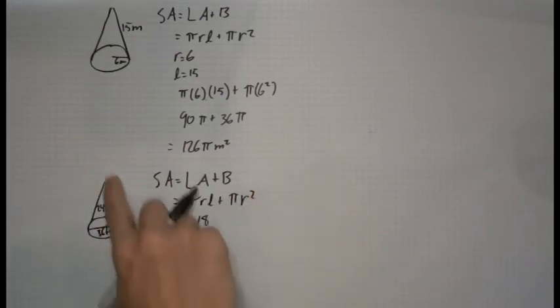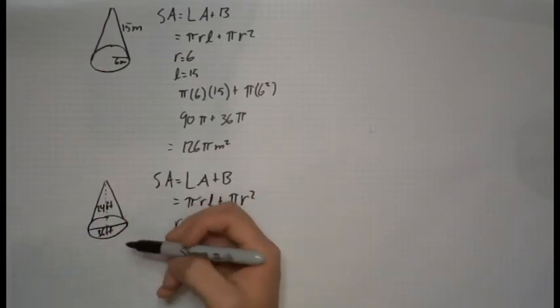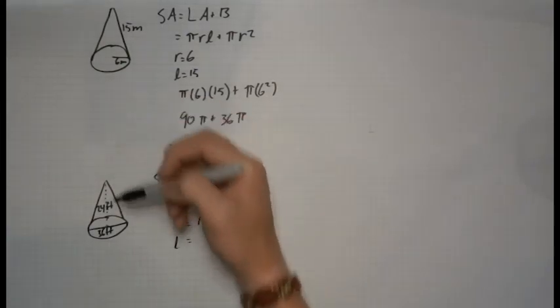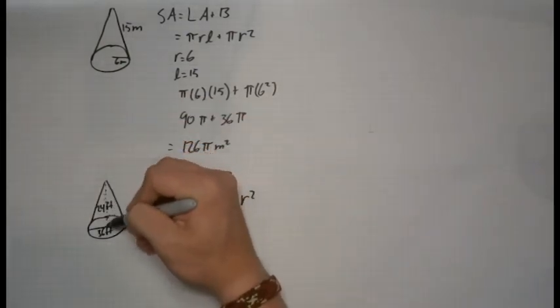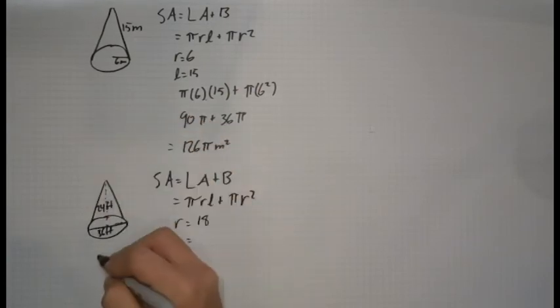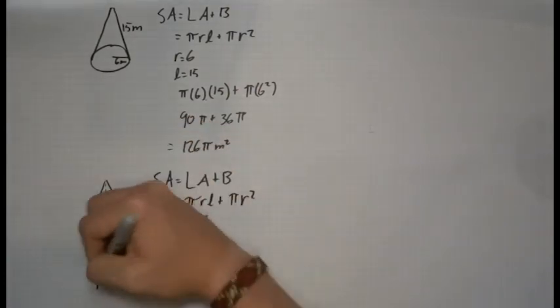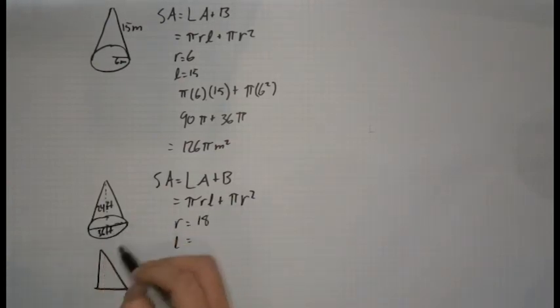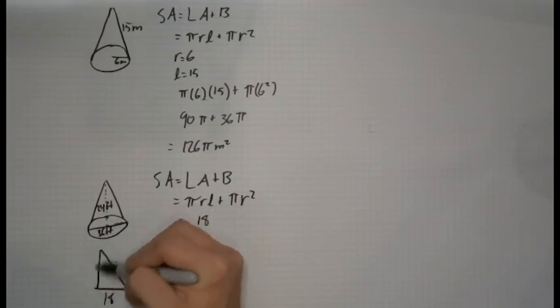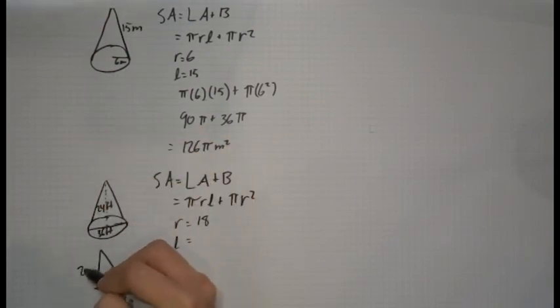And now we need the slant length. So to find this slant length, we're going to use a right triangle. And you'll see right here, we have a right triangle. So I'm going to go ahead and draw this off to the side. Right triangle. This part right here is the same thing as the radius, which we just found is 18. And this part right here is the same as this height, 24.